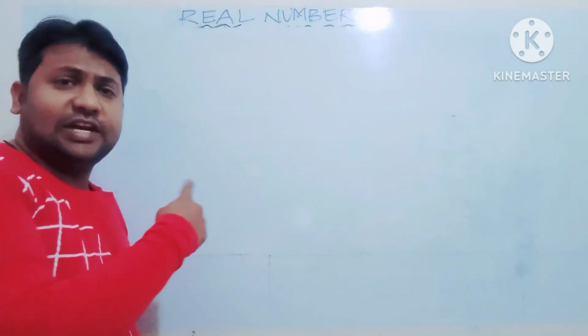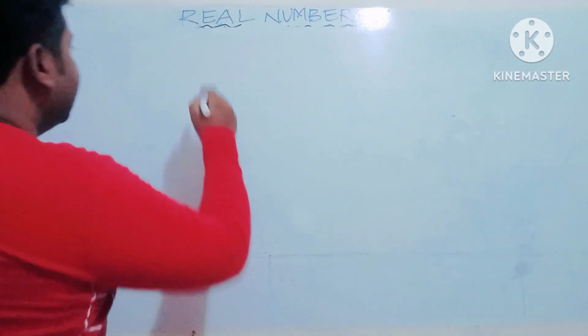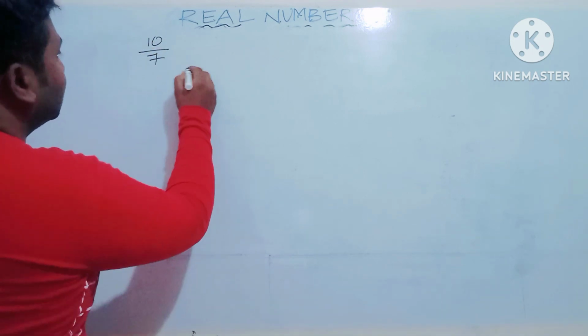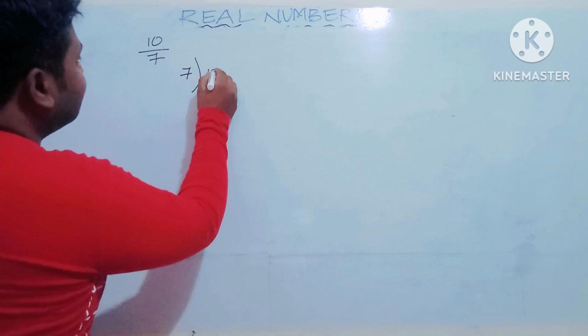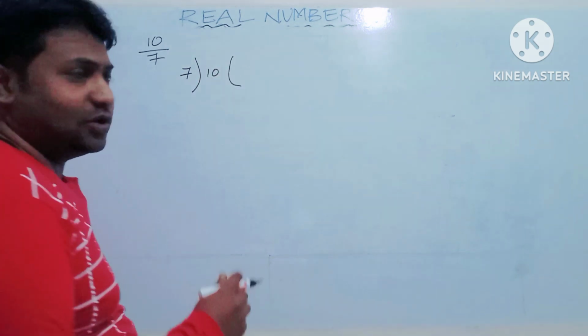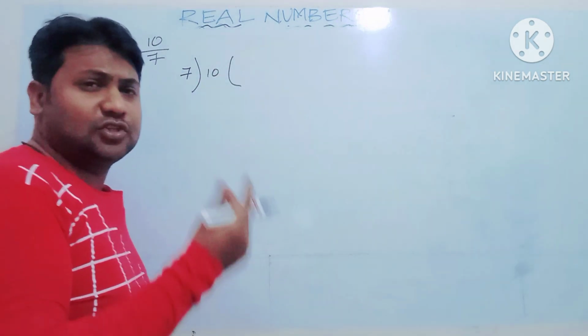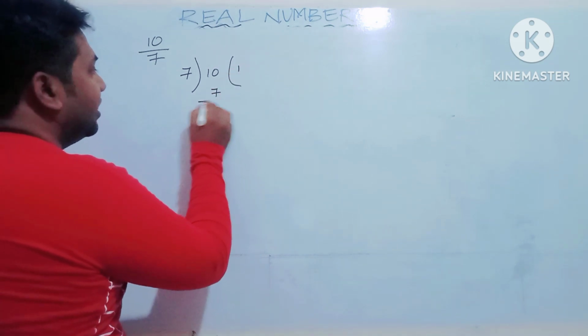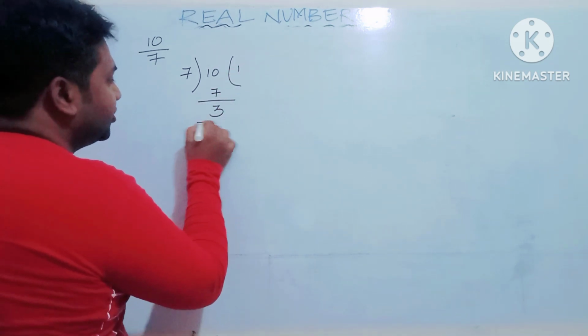Ready? Let us take one example, that is 10 by 7. So 7 divides 10. 7 ones are 7 and the remainder is 3.